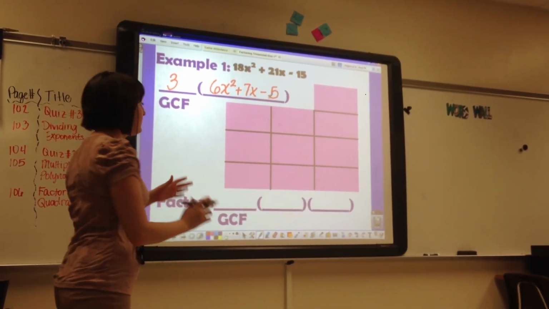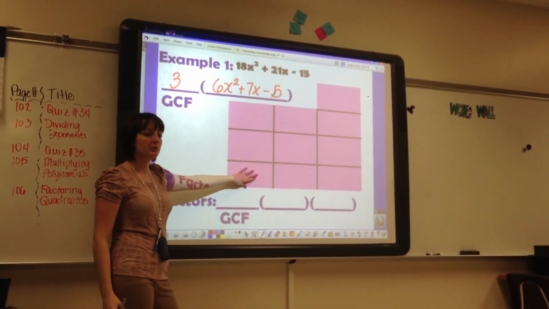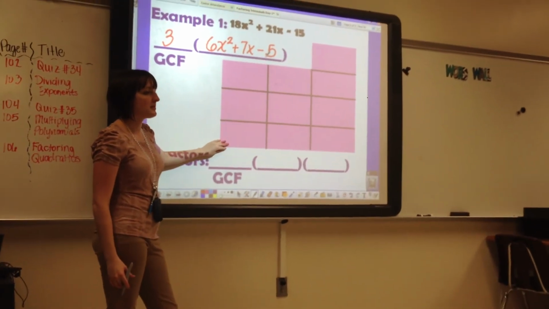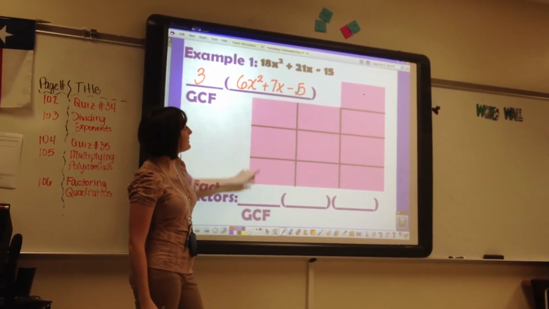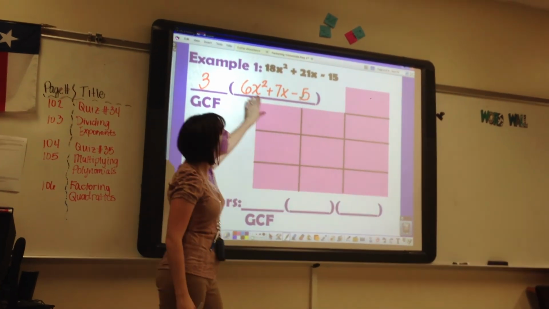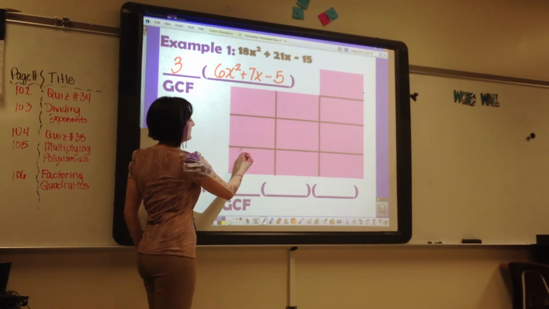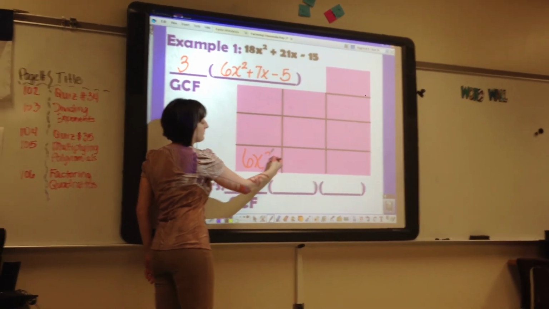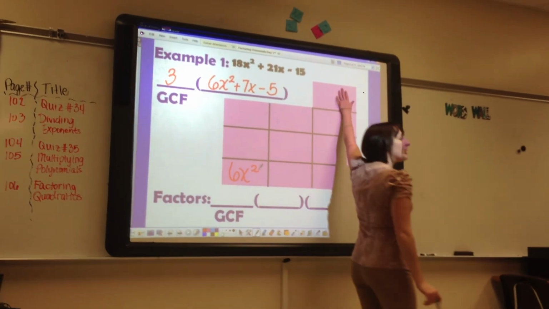Alright, here's where we're going to use this crazy box. Box 1 is right here. Look in your blue worksheet. What does it say? Ax squared. So looking right here, what is ax squared? 6x squared, right? So we're done with box 1. Box 2 is all the way up here.